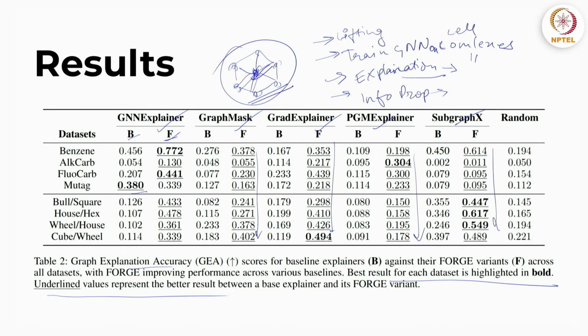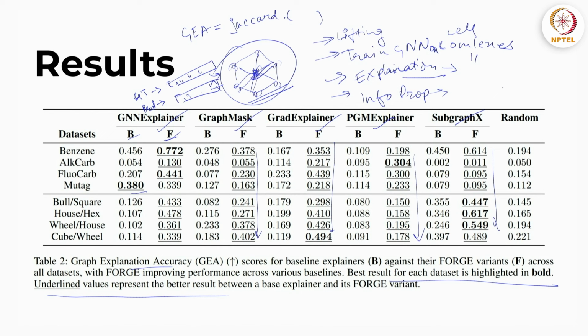The metric is GEA, or graph explanation accuracy, which is basically just the Jaccard score of the nodes that are present in the explanation and are not. So we'll have a ground truth node mask, which will just be zeros and ones, and the vector will be of length n, say if we have n nodes, and then we'll have a pred mask of zeros and ones with the same length n.